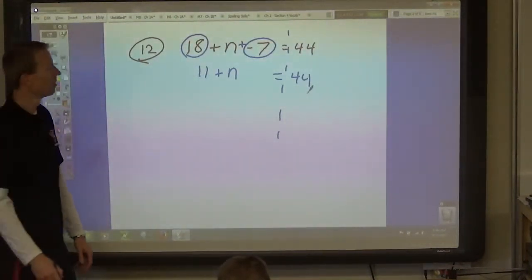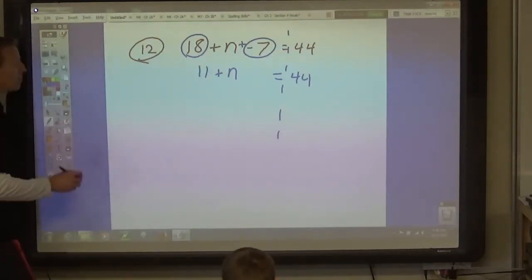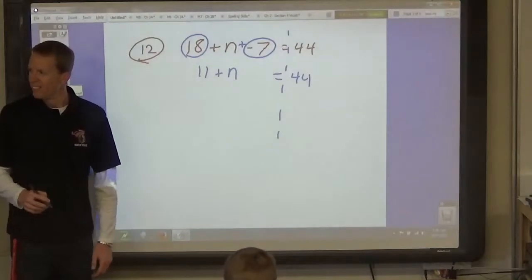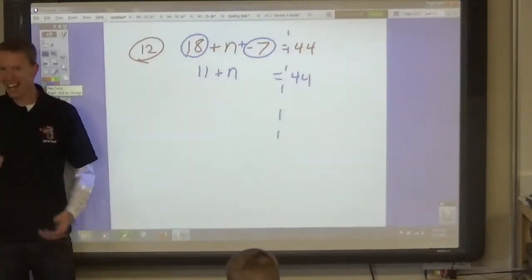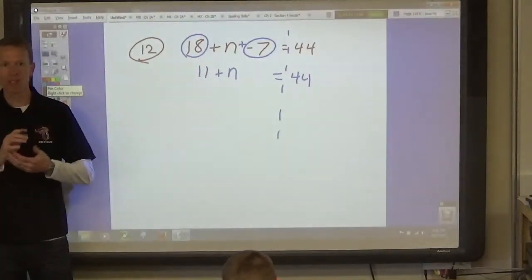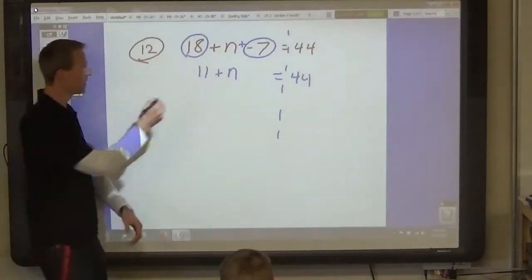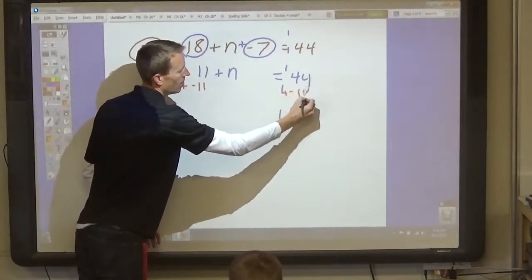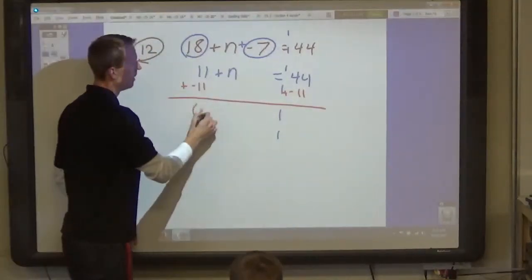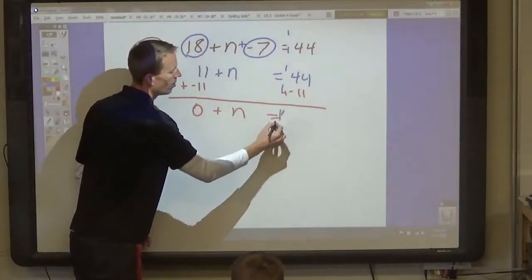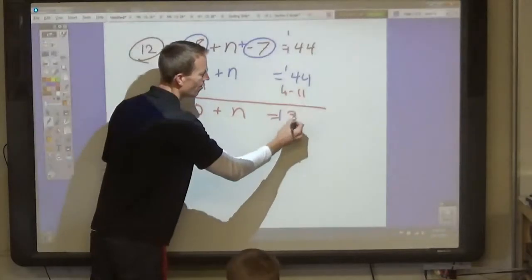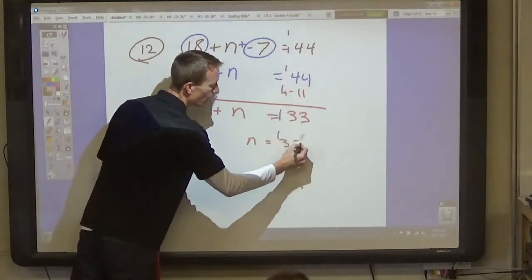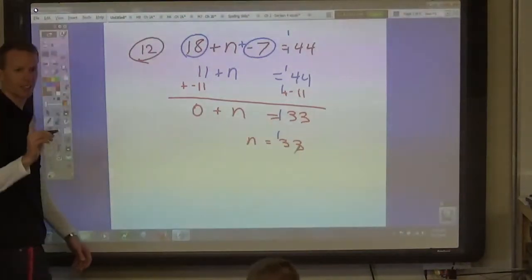Then add the opposite. n plus negative 11. 0 plus n equals 33. No, we added 11. n equals 33. Check it.